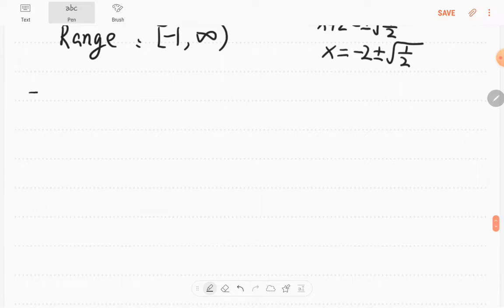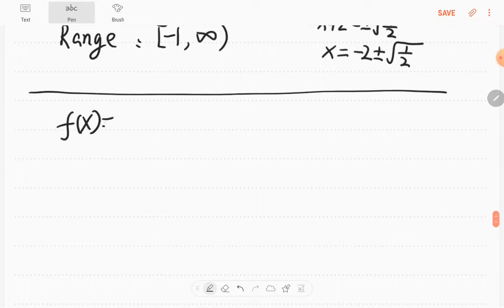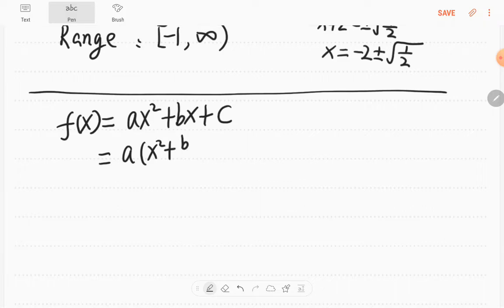If we have f of x is equal to ax squared plus bx plus c. What should we do? We want to complete the square, right? We take a out, then you will have x squared plus b over a x, plus c.